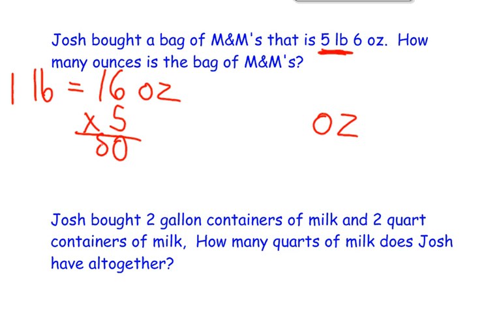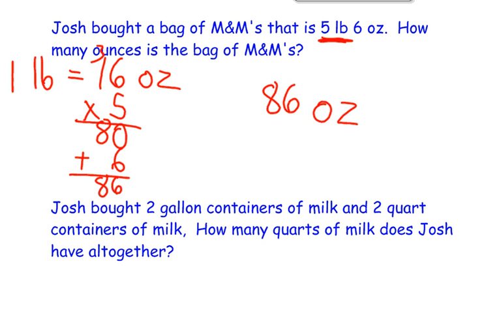It's going to give us the answer of 80 ounces. But we need to add in those 6 extra ounces that are there. That's an extra 86. So in the end, our bag of M&Ms is 86 ounces.